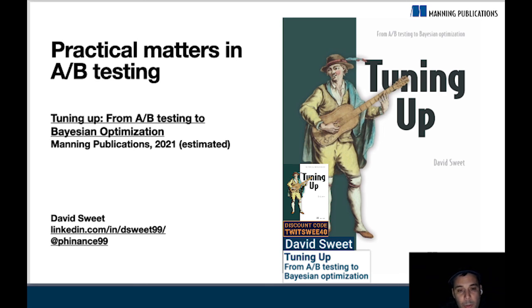Okay, so those were a few of the topics that are covered in this book. I think a good way to think about how the book is laid out is that pages are spent teaching the fundamentals of several experimental optimization methods like A/B testing, but also multi-arm bandits, contextual bandits, Bayesian optimization, and others.